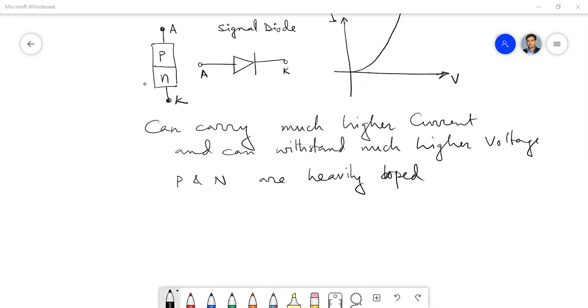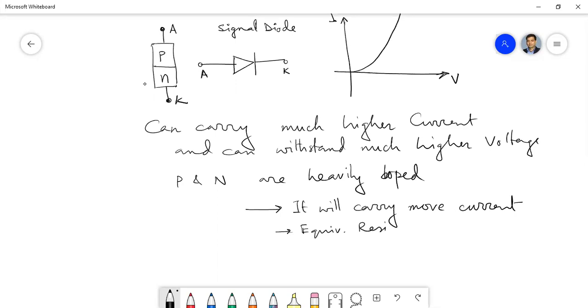Yes, that is the advantage we get. So heavily doped, it will carry more current. Because the equivalent resistance, if the carriers are more, the equivalent resistance is less.